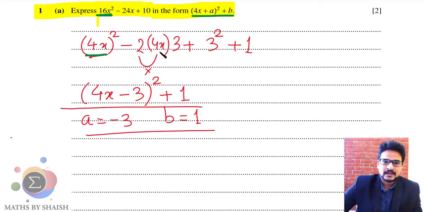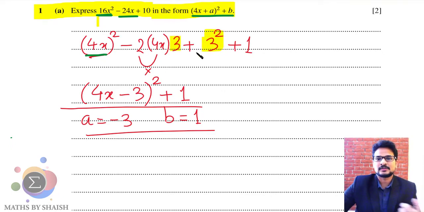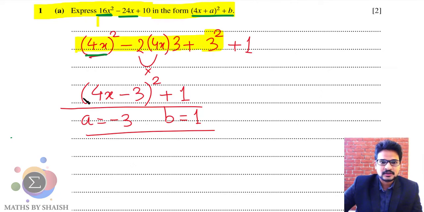So 2 times 4x times what to get 24x? 2 into 4 is 8, 8 times 3 is 24. So b is 3, and we take the 3 squared so that we can get (a minus b) whole squared. These first 3 terms give us (4x minus 3) whole squared, and plus 1 already here.